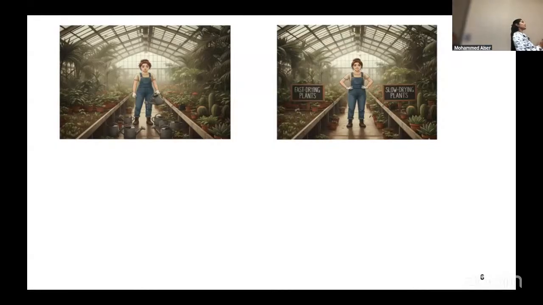And as she segregated them into fast drying plants and slow drying plants, we are doing the same in this paper by segregating our DRAM cells based upon the retention time. Here for the plants, we take the drying factor, how much water it needs, and here we take the time factor. For a row of bits, we take the constraint of retention time, looking at the entire row and up to which time it can hold the data.